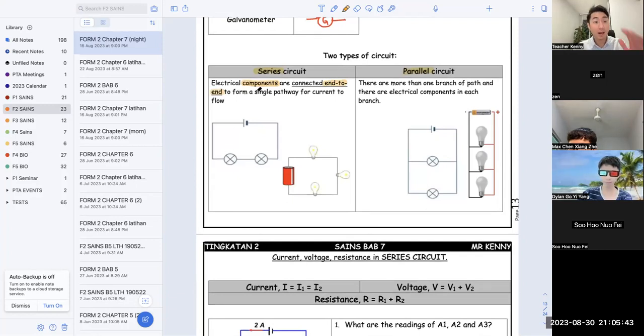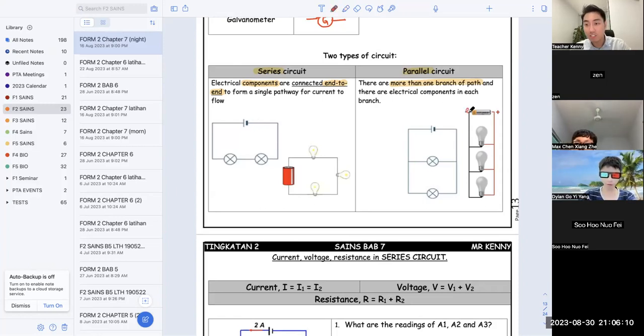So there's only one path. There is only one path for current. So if I'm an electrical charge, current, I will only move one jalan only. Understand? This is a series circuit. Now, whereas for parallel circuit, there is more than one branch of path, and there are electrical components in each branch. So what does that mean?